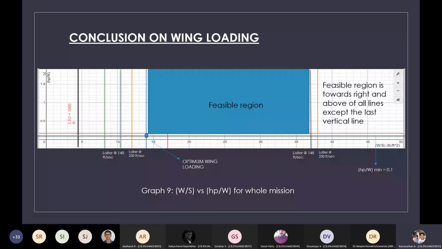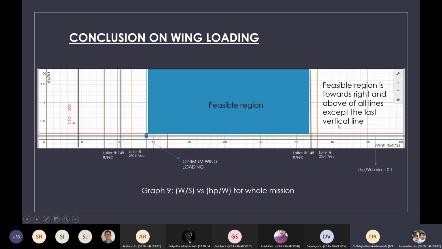Now coming to concluding the wing loading. For takeoff lengths of 1000 feet and 1500 feet, I have plotted W by S, and then loitering at 250 and 150, I've plotted that also.